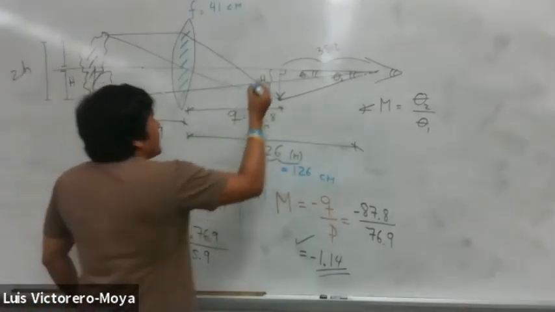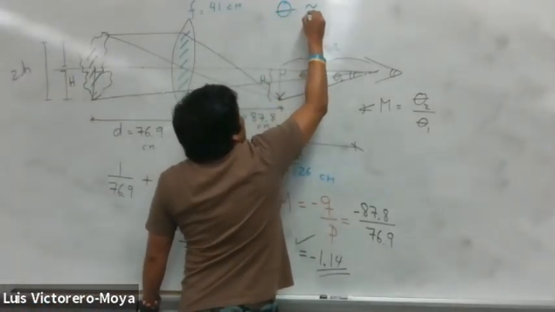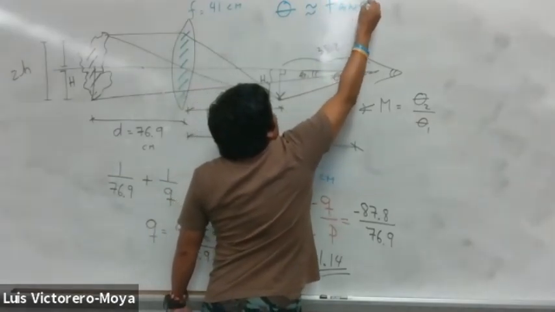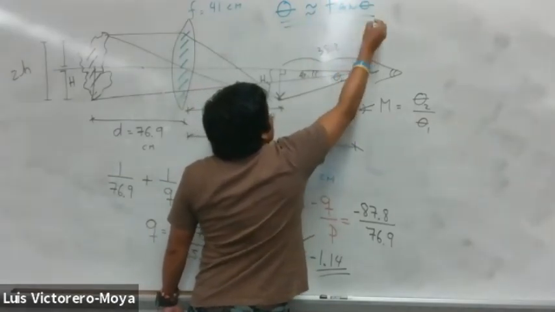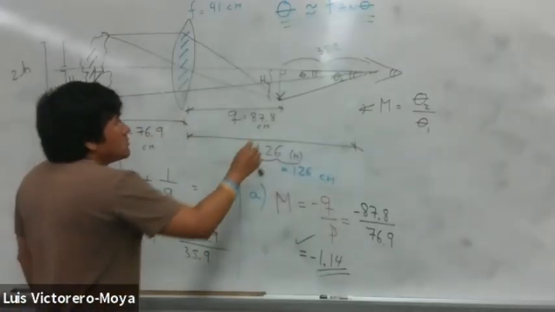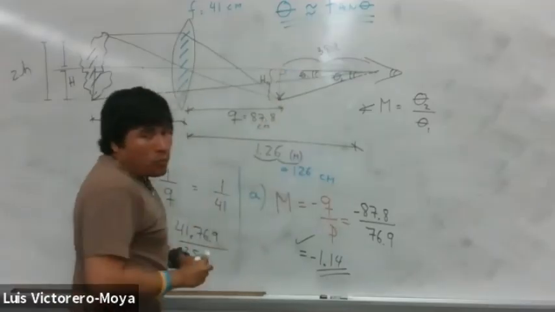You can approximate theta to be approximately tangent of theta. That's true. So θ2 will be hi over 38.2.